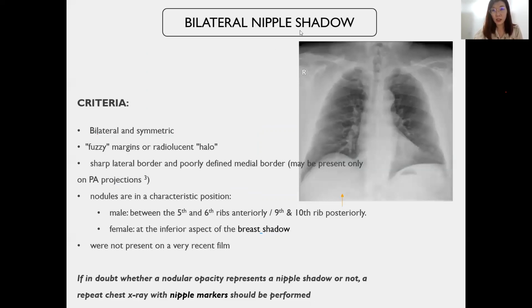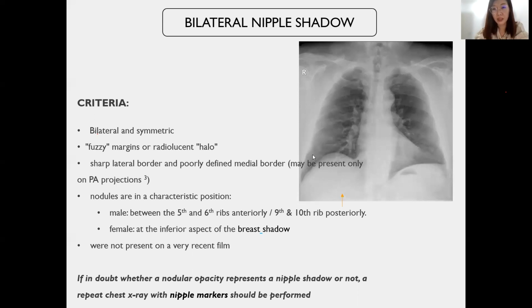Next is nipple shadow. Sometimes it is mistaken as a lung nodule, but look for symmetry, always at both lower zones. The nipple shadow will have a fuzzy medial margin compared to the lateral margin.